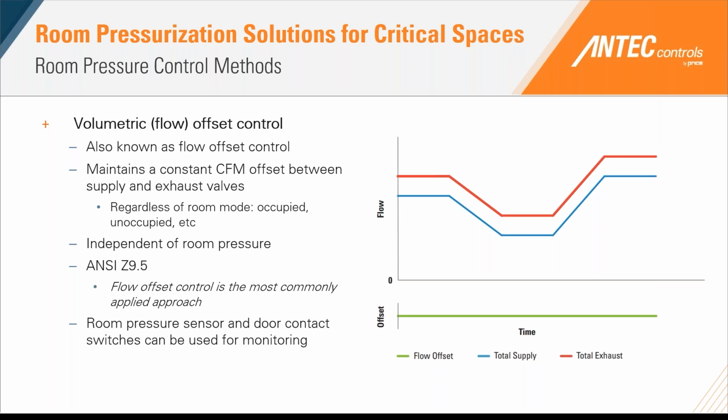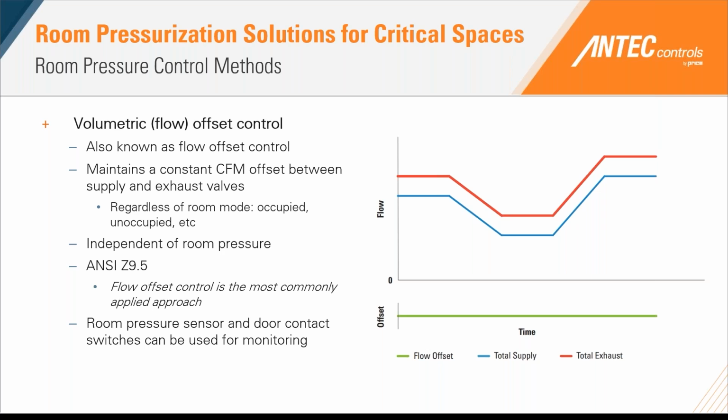On the chart on the right, the blue line is our total supply air coming into the space, and the red line is our total exhaust air leaving the space. Over time, as that space goes from occupied to unoccupied, or from heating to deadband into cooling, we want to ensure we're maintaining a fixed, constant offset.